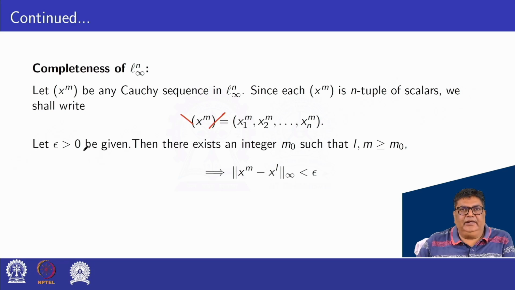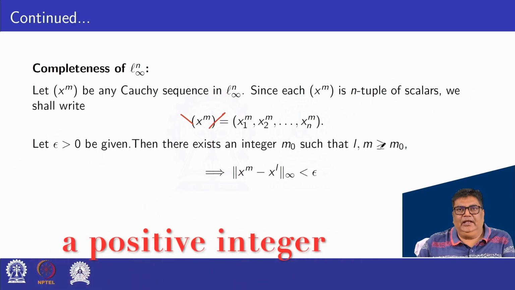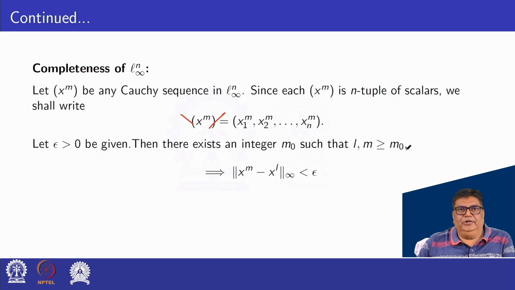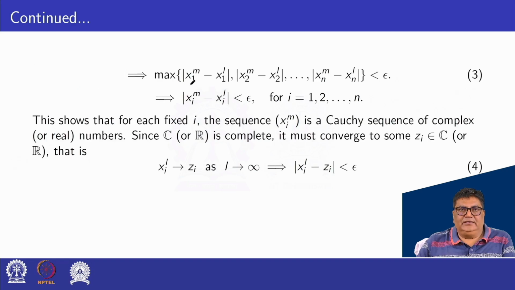Let epsilon greater than 0 be given, then there exists an integer m0 such that for l, m greater or equal to m0 we can write norm xm minus xl less than epsilon, as per the definition of a Cauchy sequence in a normed linear space. This implies that the max value of |xm1 - xl1|, |xm2 - xl2| and so on |xmn - xln| is less than epsilon.